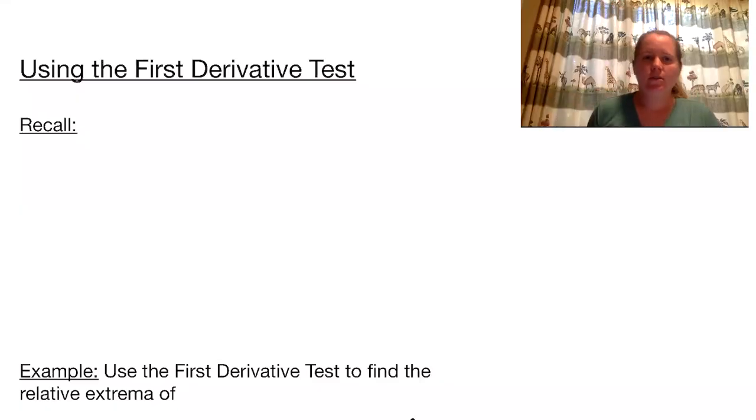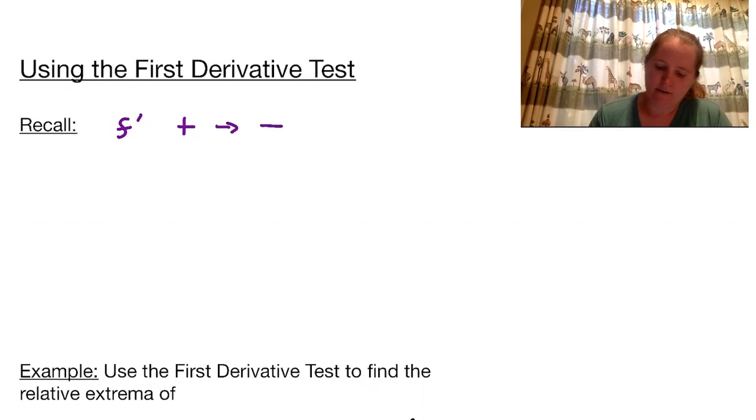Welcome to using the first derivative test. So recall, we have our rule that if f prime goes from positive to negative, then we have a relative max.